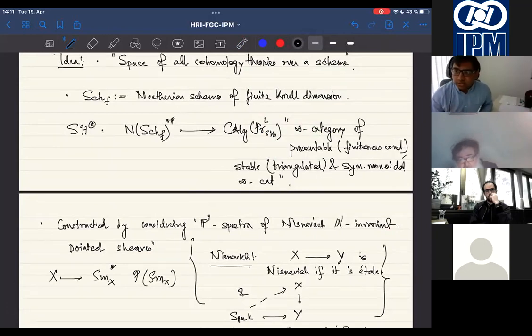These are just contravariant functors. And then you want to consider not just presheaves, but ones which have some special properties.